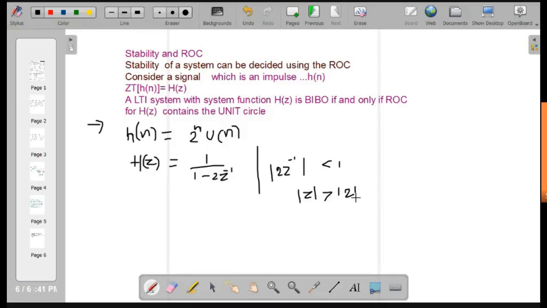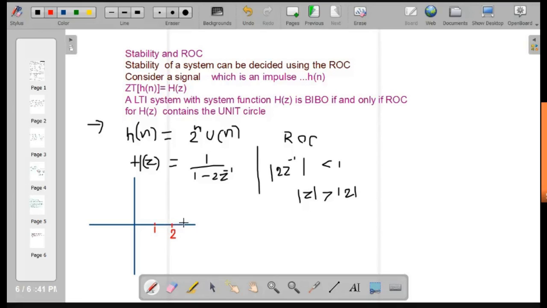Now look, this is a very important thing you are going to understand. This is the condition that I have obtained for the ROC. Let me draw the ROC for this. I will take one axis and take some reference.